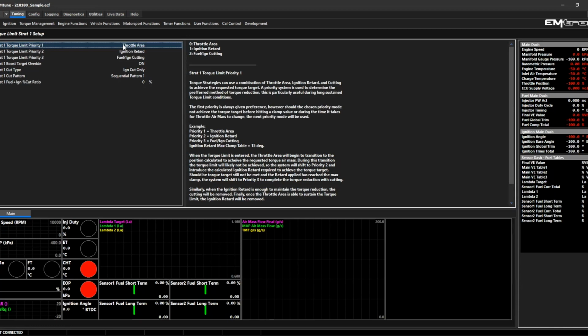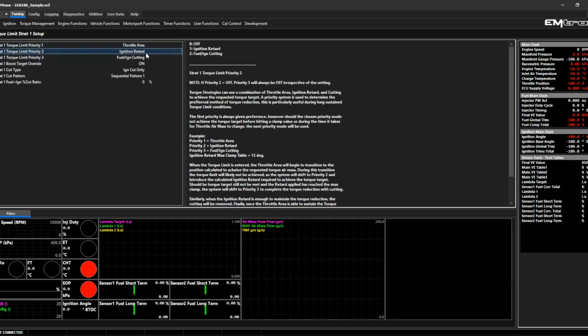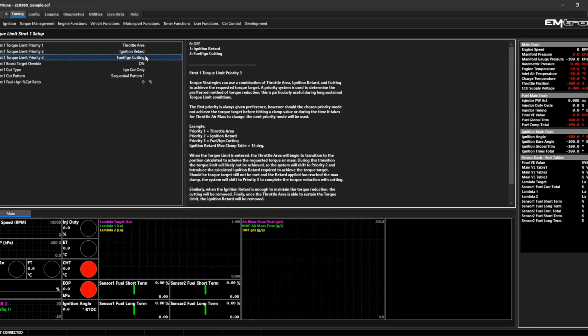Now, the priority system allows you to select which one has priority first of reducing torque. In this case, throttle is the primary means for reducing torque. The ignition retard is next, and then cutting is the last.